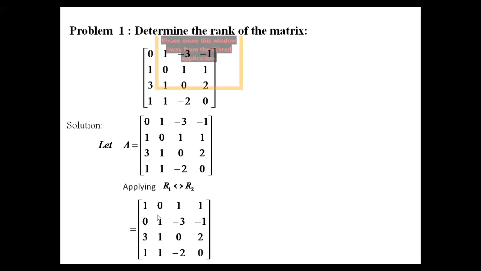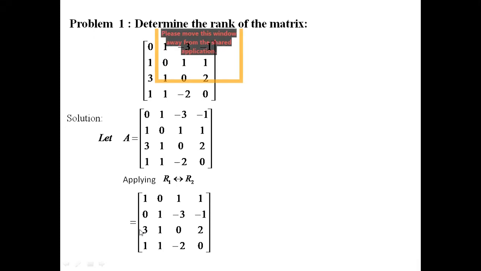So in this case, to make this element zero, what operation can you perform? But this operation must be with respect to the first row. That means you have to keep in mind that all the elements in the first column are made zero with respect to the first row, and all the elements in the second column are made zero with respect to the second row. In that order, you have to proceed.